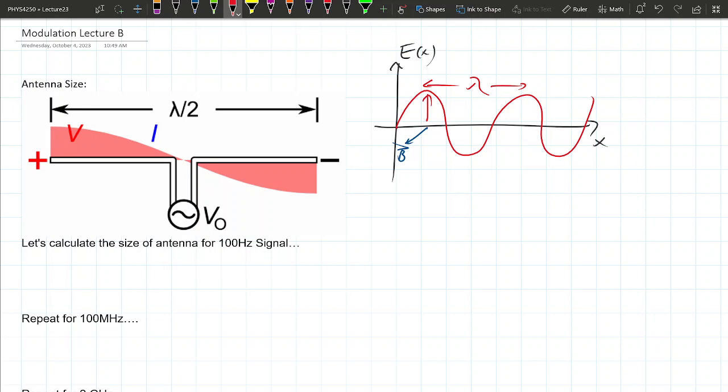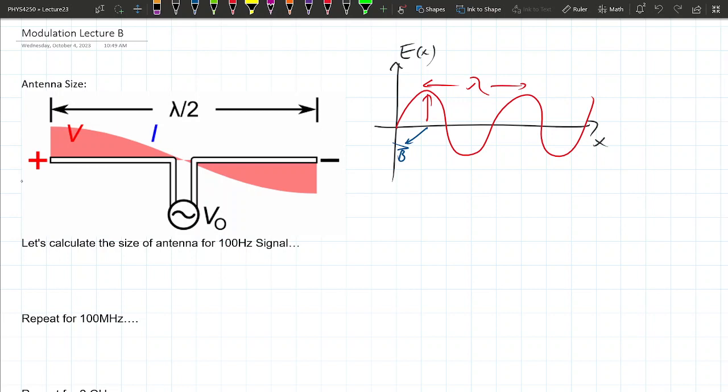If this antenna were half the length, all it would pick up is this part to this part, which has a smaller amplitude. So you're not able to measure the entire amplitude of the electric field, unless your antenna is at least the wavelength of that electromagnetic wave divided by 2.